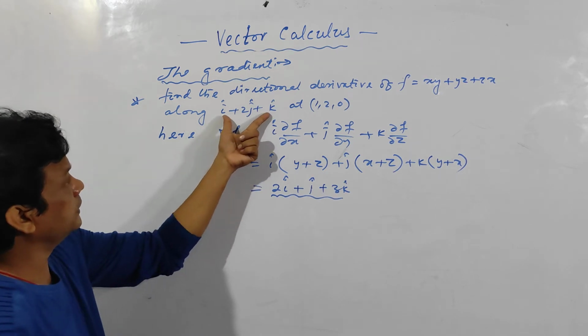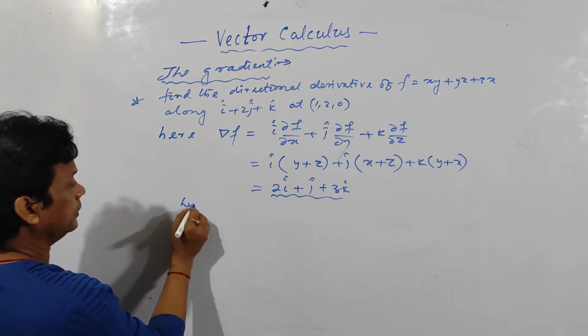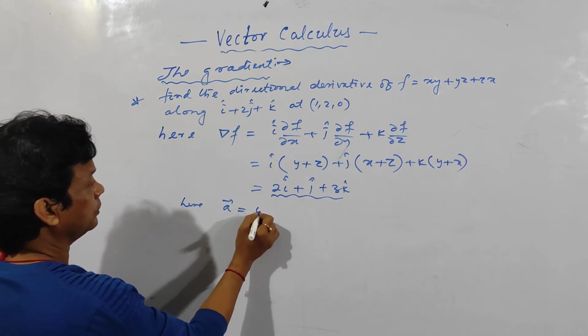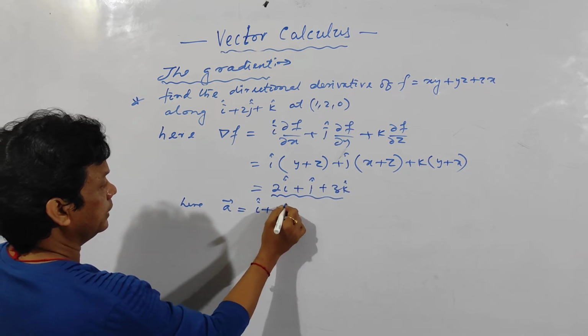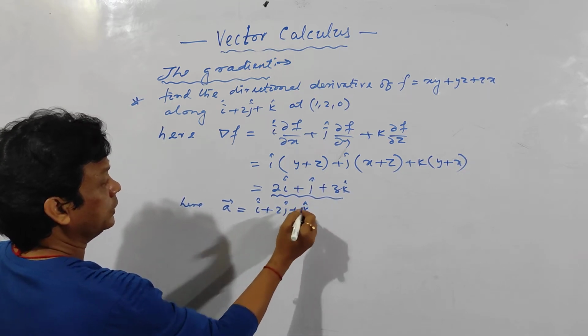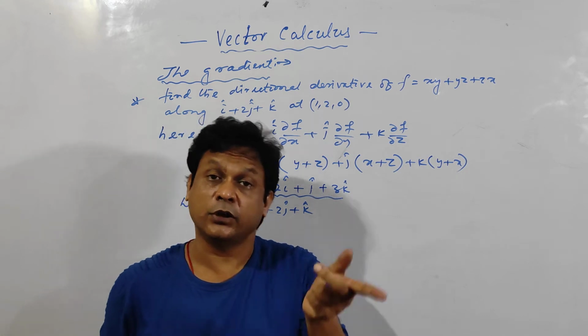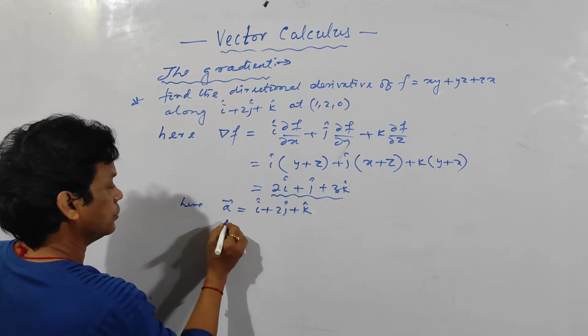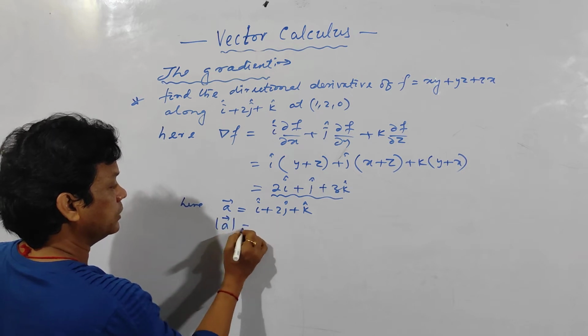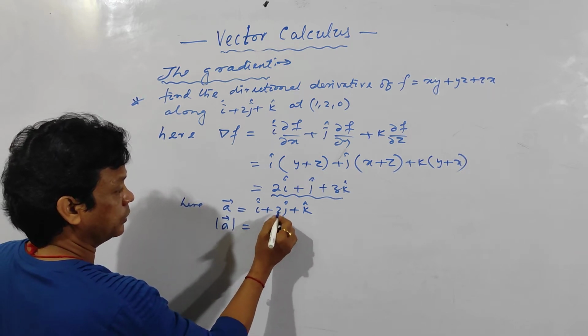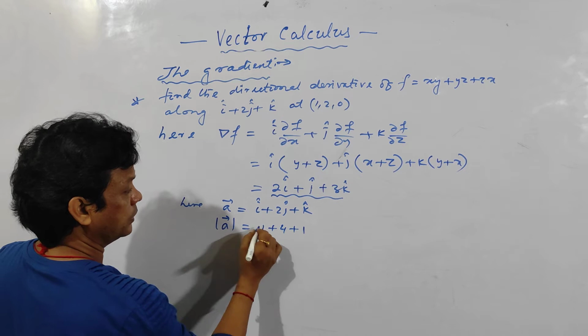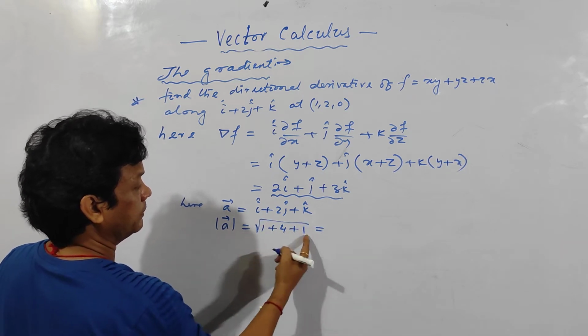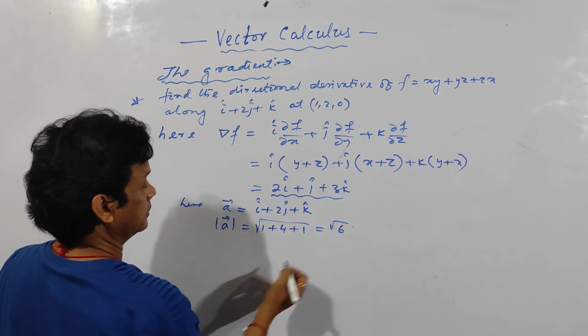And here, the vector a = i + 2j + k. But what is your formula? Grad phi dot a cap, not the a vector. So you have to find a cap. The magnitude of a is the square root of 1 squared plus 2 squared plus 1 squared, which is root 6.